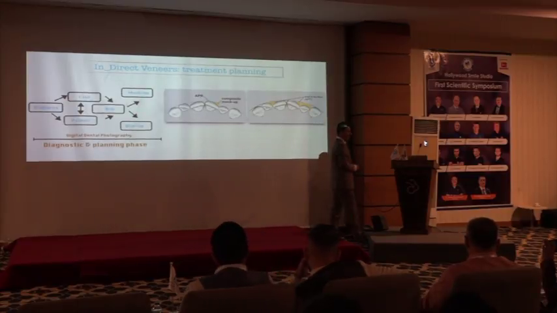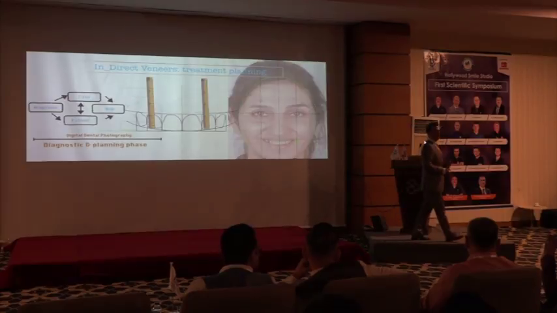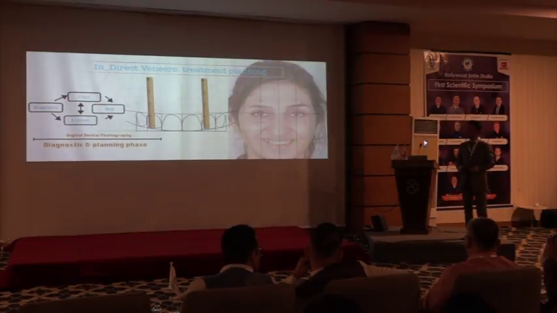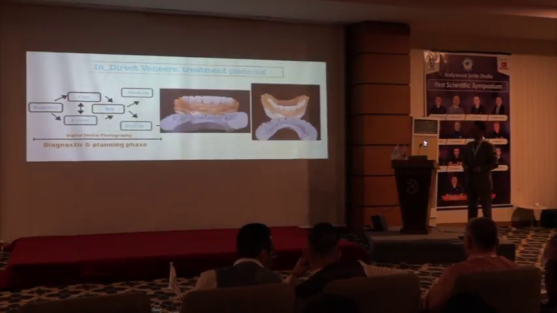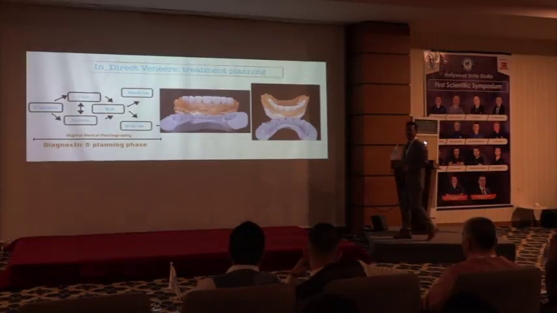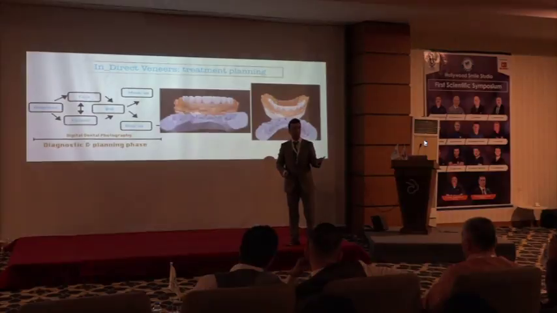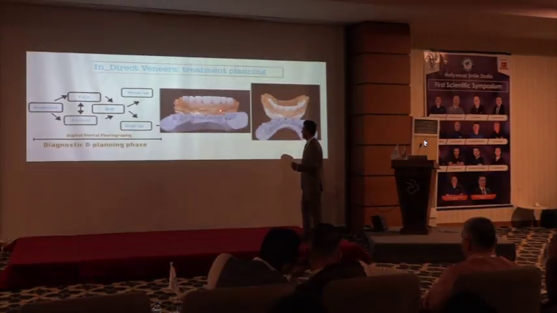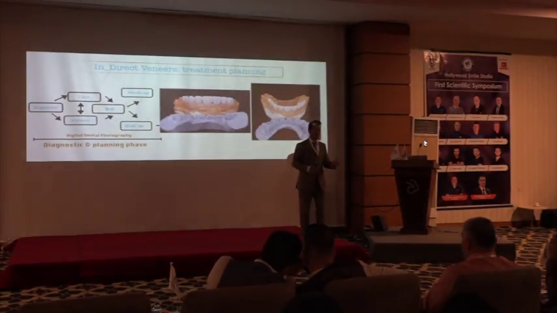Or you will have a DSD and send it for your patient to your laboratory, and the lab will make a wax-up for you. What should I do with the wax-up? Of course, the wax-up will guide me as I guide the laboratory to make it.